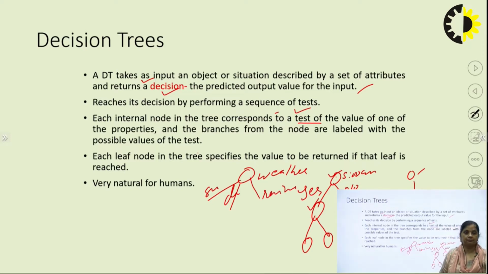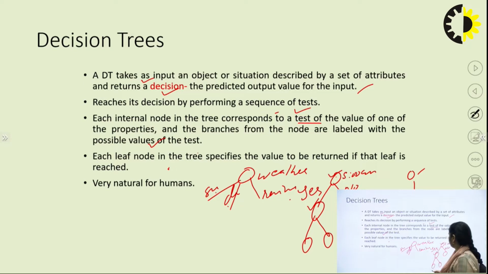Three. So the internal node in the tree corresponds to a test of the value of one of the properties, and the branches from the node are labeled with the possible values of the test. What could the weather be? It could be sunny, cloudy or rainy. Those are the possible branches.